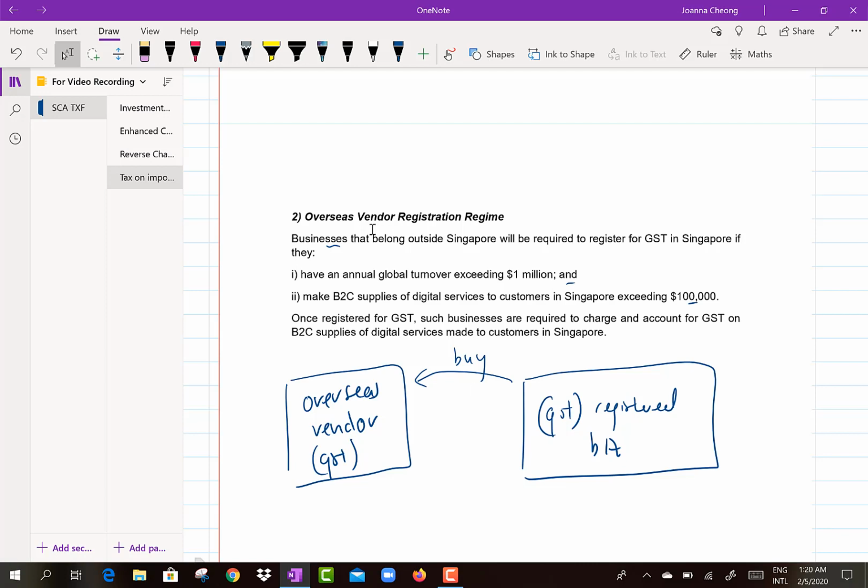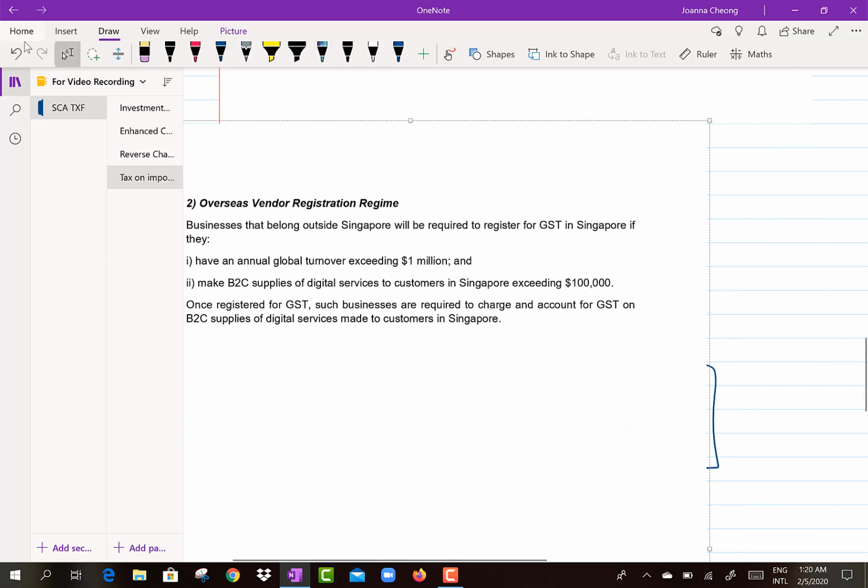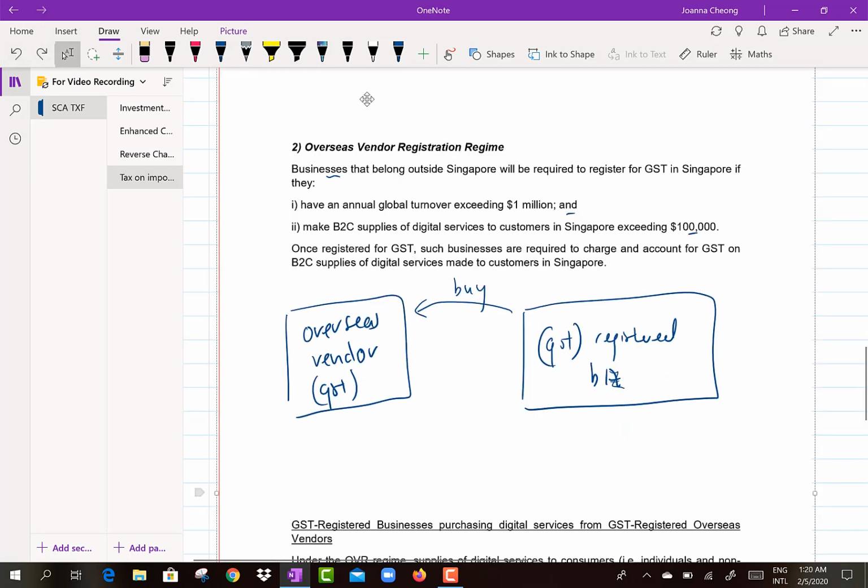So remember, if you are already a GST registered business in Singapore and you buy imported services from a supplier overseas who is also GST registered in Singapore, what you will need to do is inform this overseas vendor that you are already GST registered, so that the overseas vendor will not charge you GST anymore.